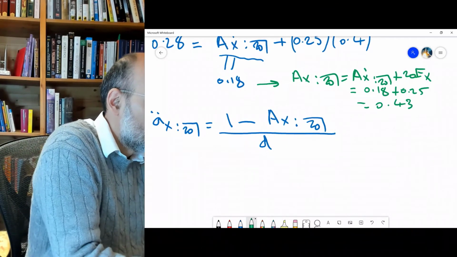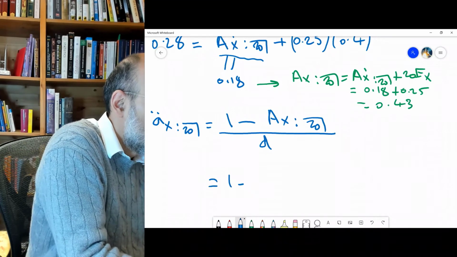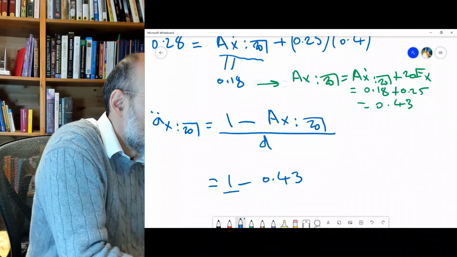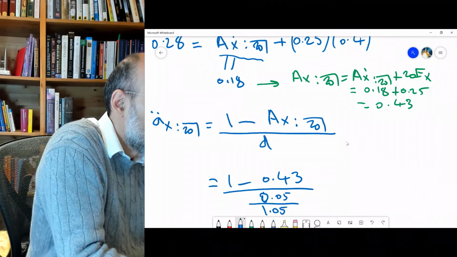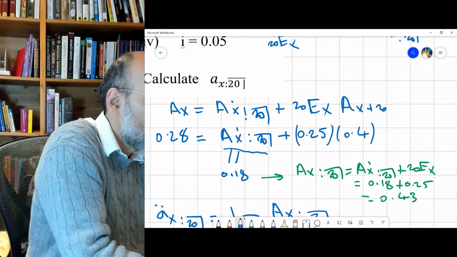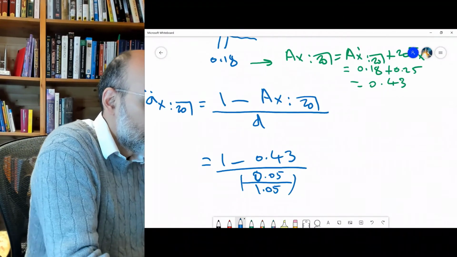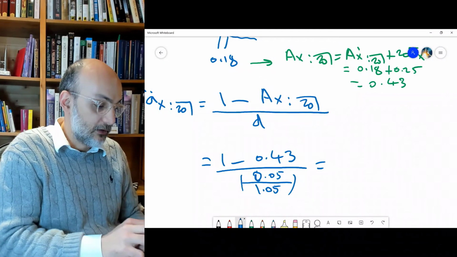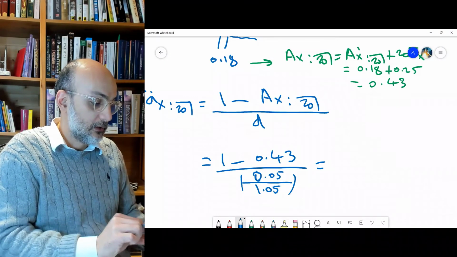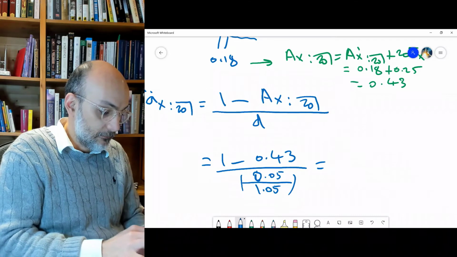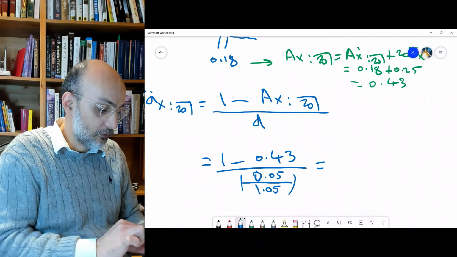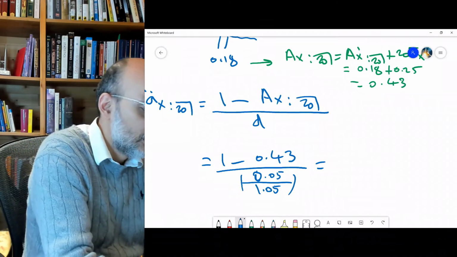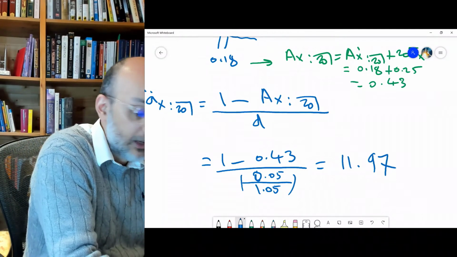So this is easy because now we can solve this one. 1 minus 0.43 divided by D. What is D? It's I, or 0.05. Let me make sure that the interest is given 5%, right? So 1 minus 0.43 divided by 0.05 multiplied by 1.05. So I got this one to be 11.97, and it's still not the answer.